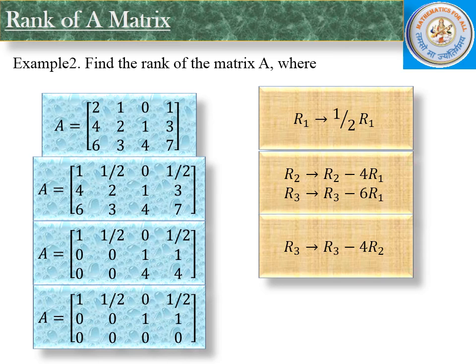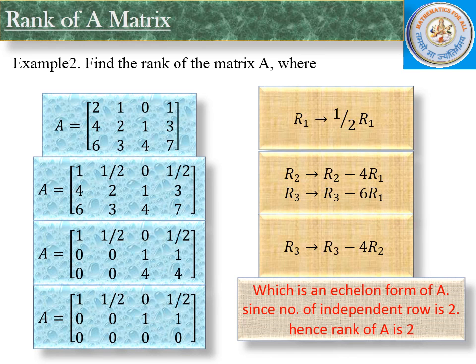So finally only 2 rows are available which have a leading element. That's why the rank of the given matrix A is 2. You can also say the number of independent rows is 2, so the rank of the matrix is 2. In this way, if we find the equivalent form of any matrix A, we can also find the rank of the matrix.